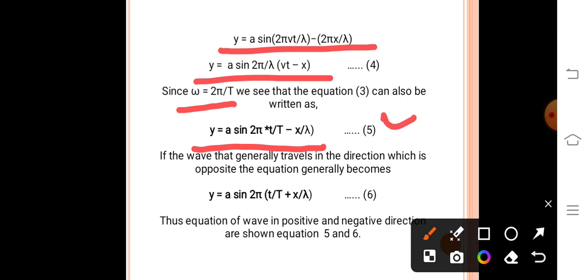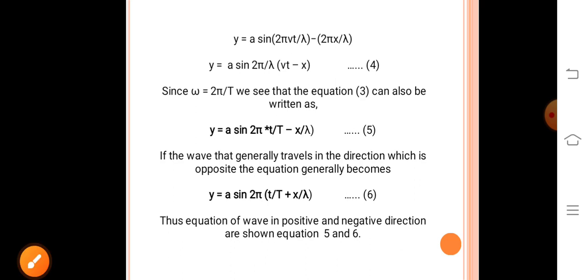This is equation number 5. If the wave travels in the opposite direction, it becomes y equals a sine 2 pi (t by T plus x by lambda). So equations 5 and 6 show the wave in positive and negative direction.